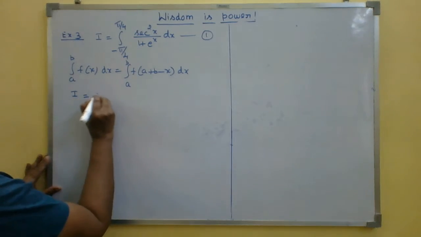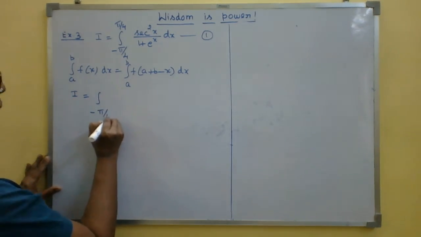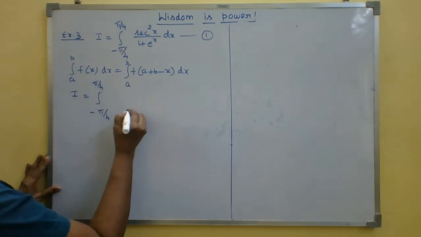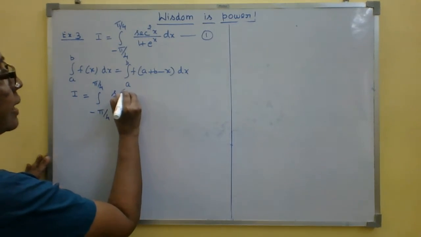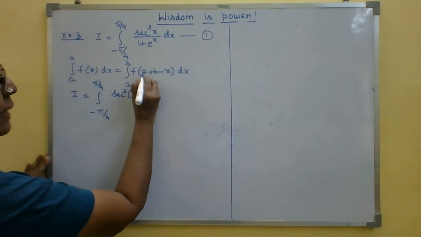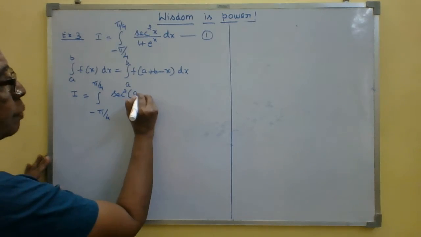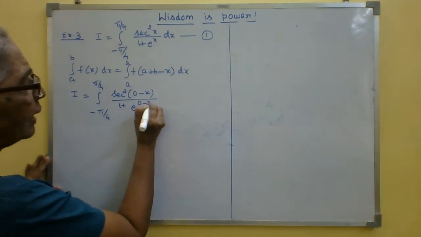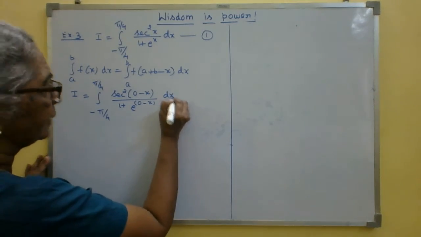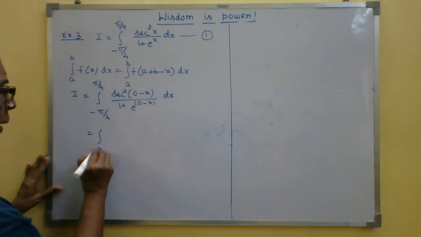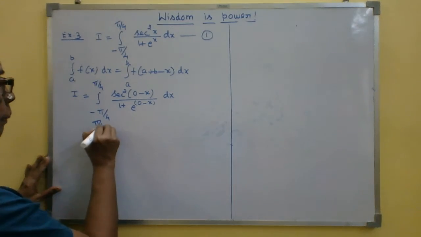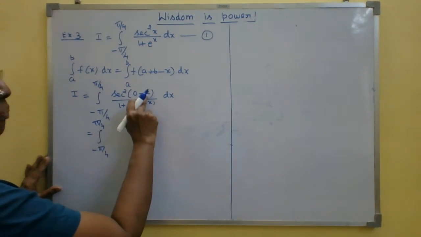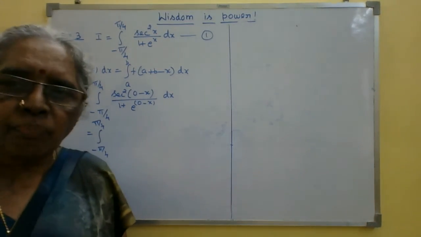So I will get I is equal to integral minus pi by 4 to pi by 4. Here I will get secant squared of 0 minus x, a plus b minus x, a plus b is 0, 0 minus x by 1 plus e power 0 minus x dx, which is equal to integral minus pi by 4 to pi by 4 secant squared of minus x. What is secant squared of minus x?